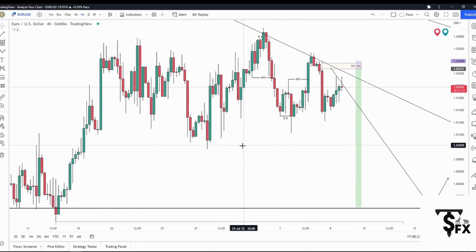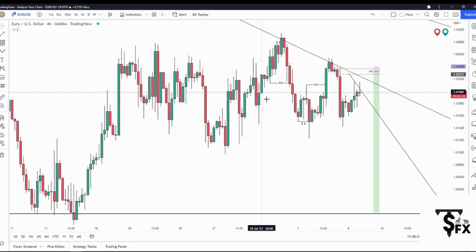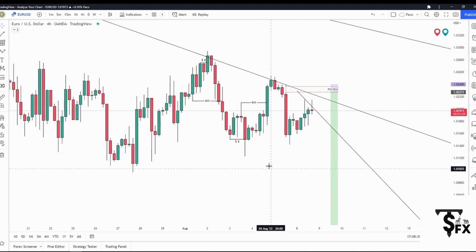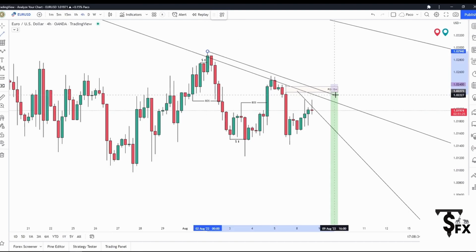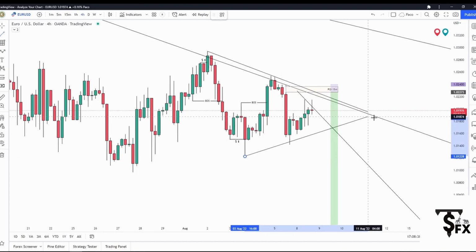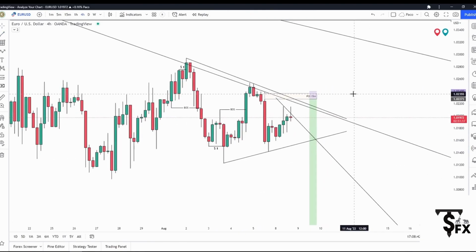Here we can see a clear range of the price for a very long time, 3 weeks maybe. And here the price is making something like a triangle pattern. What are the options here?